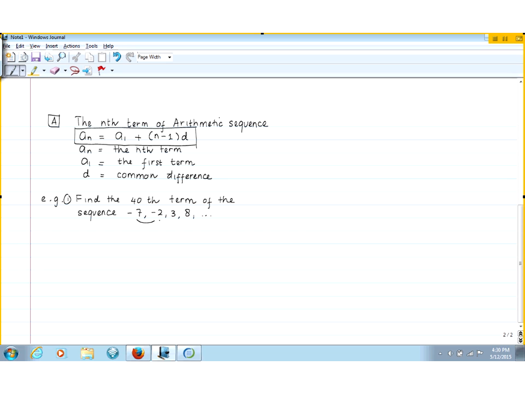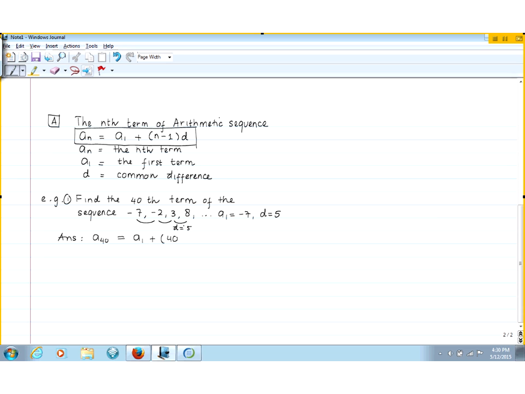First of all, we need to see if this is an arithmetic sequence or not. So let's see what the difference is for each term. 8 minus 3 is 5 here. 3 minus -2 is also 5. And -2 minus -7 is also 5. So yes, this is an arithmetic sequence. We have A1 is -7 and d is equal to 5. To find the 40th term, we need to find A40.